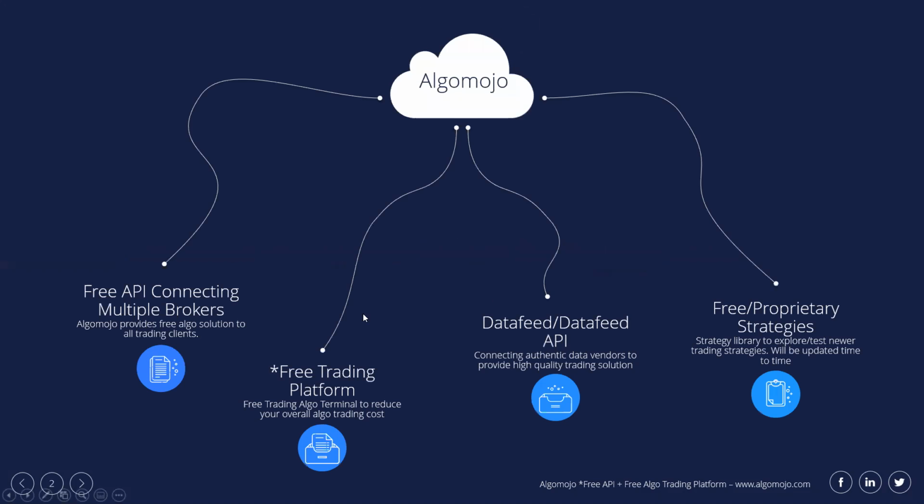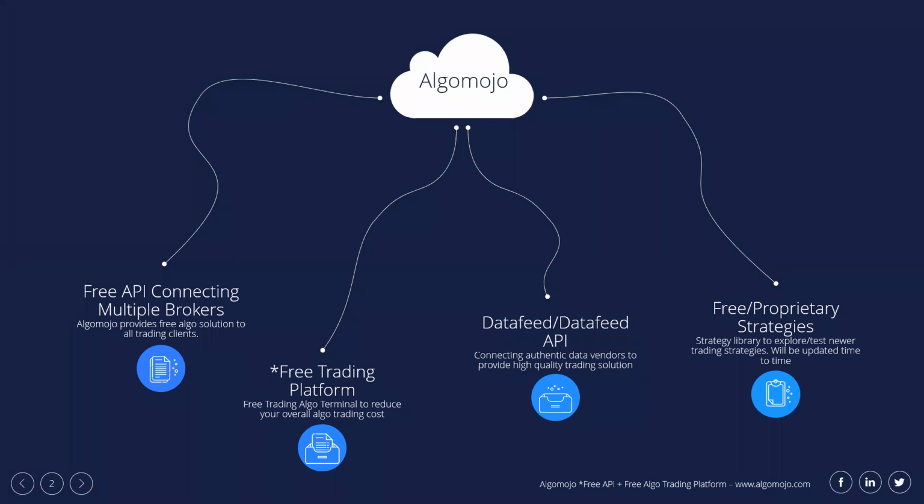See, first of all, let me tell you what Algomojo is all about. Algomojo is a trading platform where you can connect multiple brokers. It is a one-stop solution for the algorithmic trader. It comes with a free API and a free trading platform.